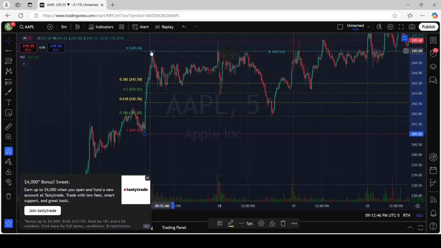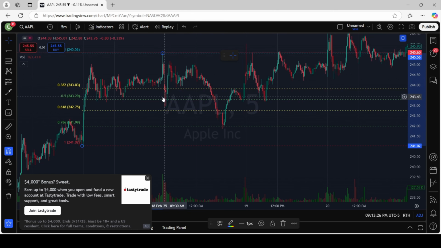That means like these wicks, look, buyers came in, stepped in, they bought it up. So if I got a fib here all the way up to this high, I'm looking to buy in right here at this 0.5 level. If it breaks below this 0.5 level, like this 0.618, this 0.786, I'm cool. I'm good. I want to see heavy buyers come in right here.